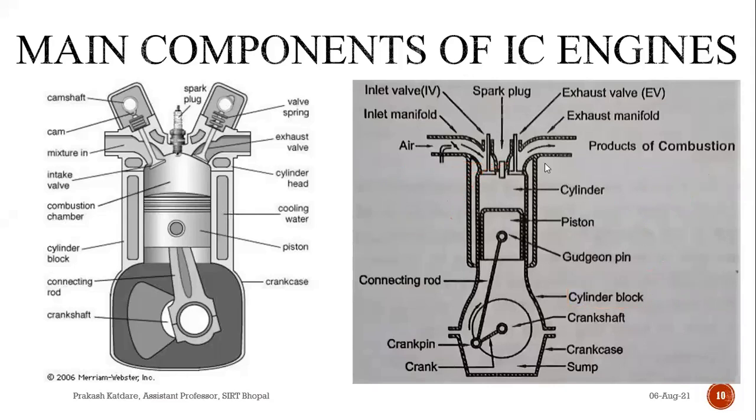Then, at the top of the cylinder block, we are providing the cylinder head. This portion is our cylinder head at the top of it. The cylinder head and cylinder block, both of these are provided with water jackets. These are our water jackets in which our cooling water is there for the cooling purpose.